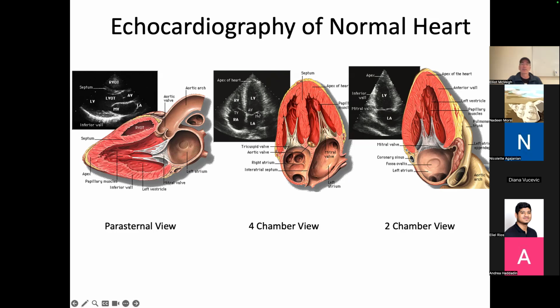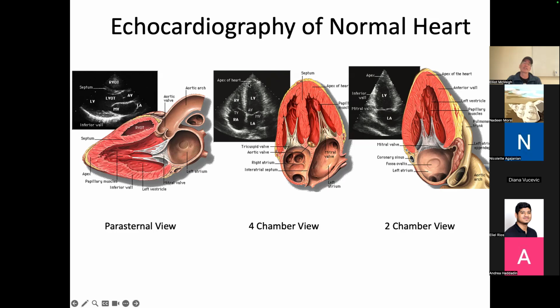And I'm able to evaluate, again, the mitral valve very well and the tricuspid valve here, which is the valve between the right atrium and the right ventricle. For evaluating cardiac function in the sense of myocardial function, this is a good view because I see the entire myocardium all the way from the base valve plane all the way down to the apex.